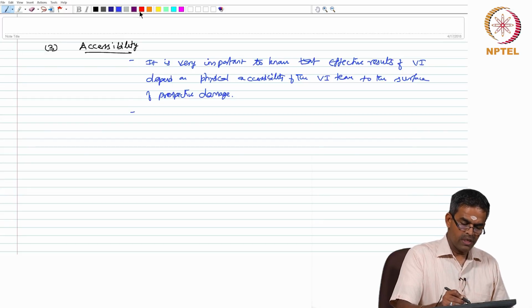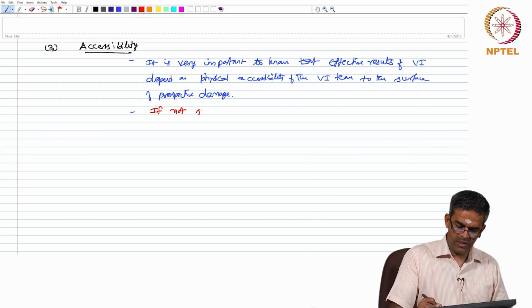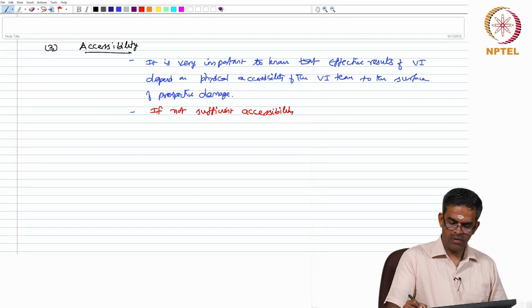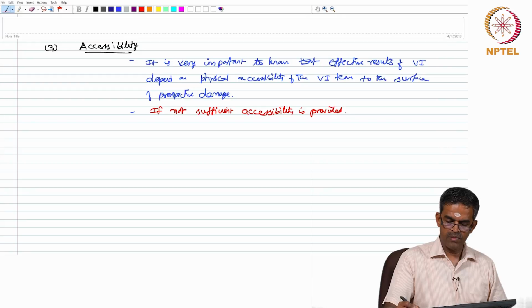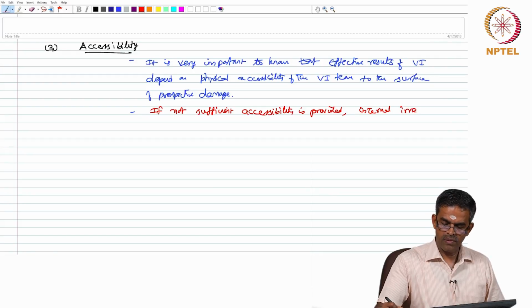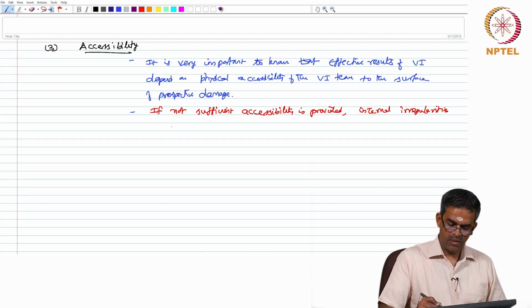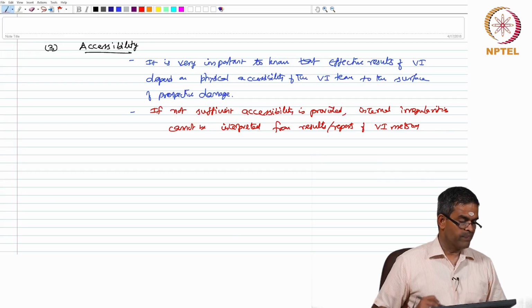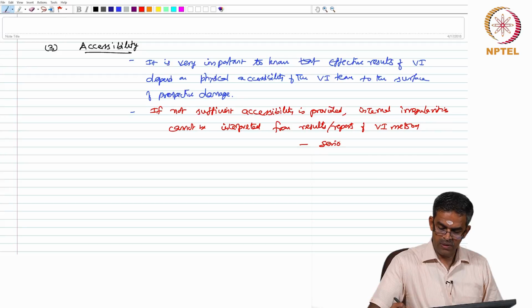That is one issue. If sufficient accessibility is not provided, internal irregularities cannot be interpreted from the results or reports of visual inspection method. This is a very serious limitation.